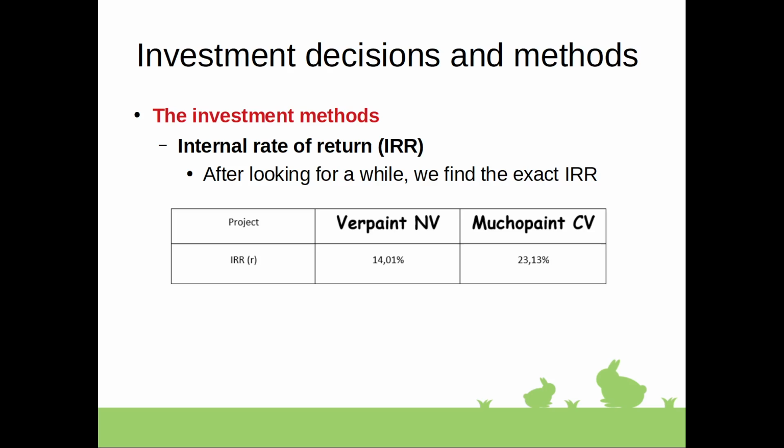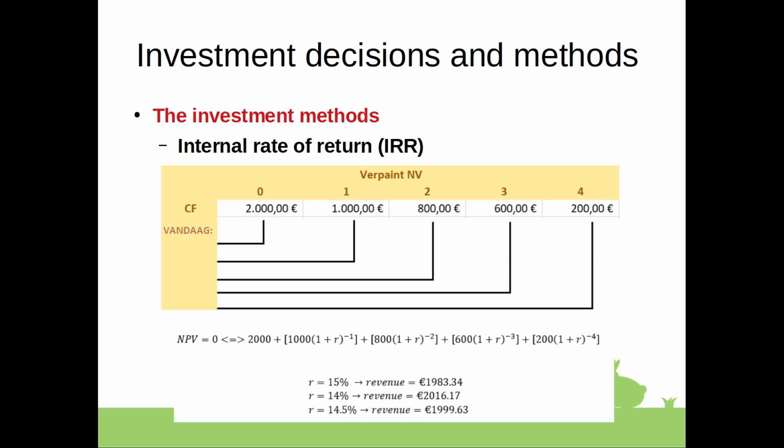During the exercises, I will show you how to calculate this using Excel. So please do not try to find the R on your own. You can try, of course. Like I said before, it's a little bit of guessing, but in the end, you will manage to find it, I think. But this is how it works, okay?